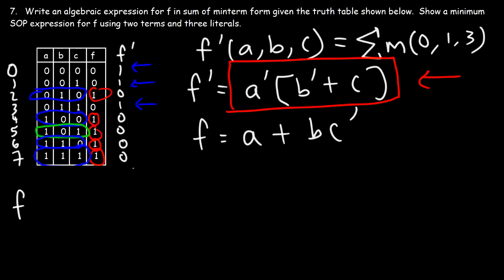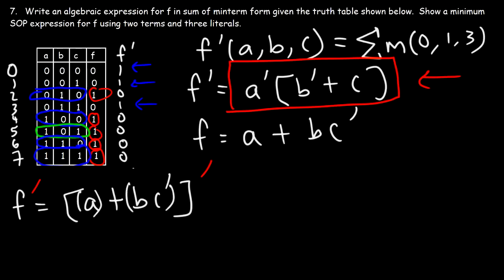So let's find f prime. So this is going to be A plus BC prime, and let's take the complement of that result. Now, what I recommend doing is enclosing A and BC prime in parentheses. Now, let's distribute the complementary sign. So we're going to distribute it to A, so it's going to become A prime.